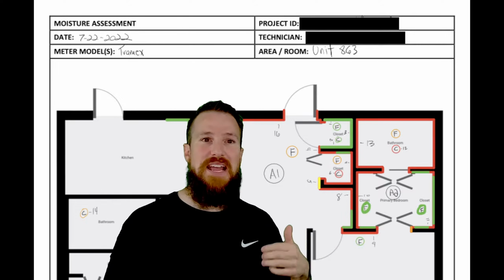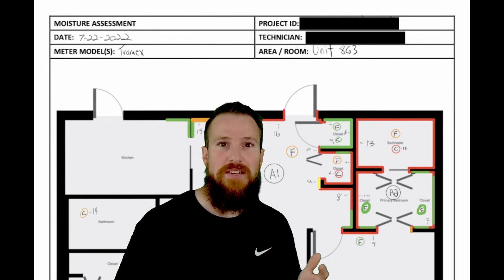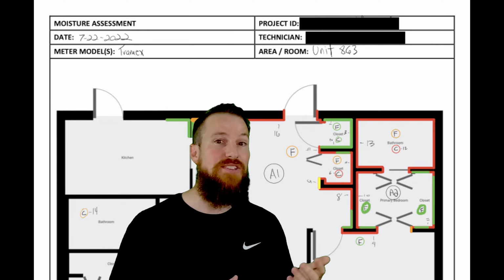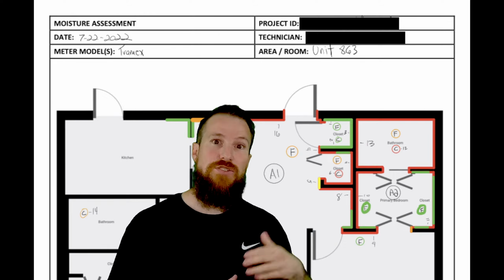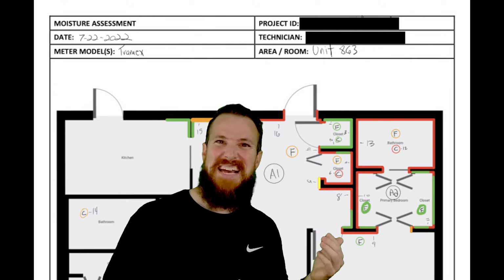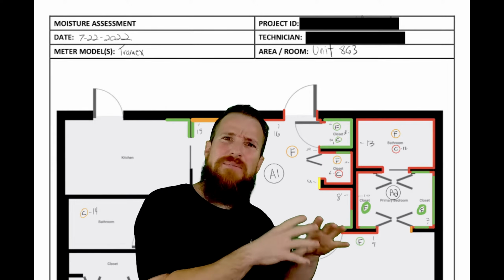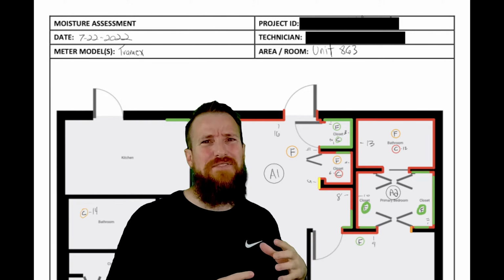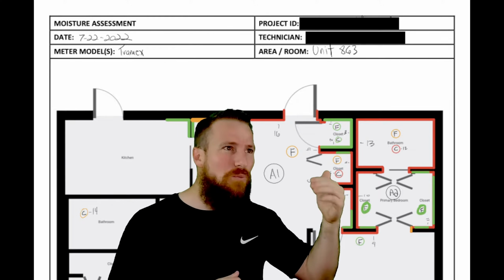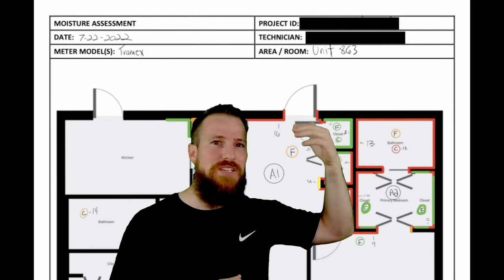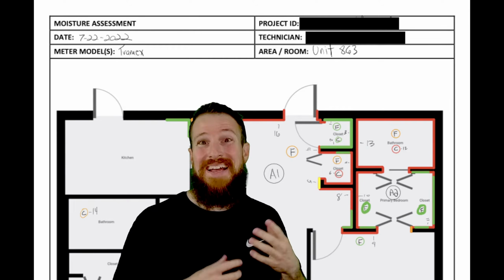So let's say anything under 20% moisture content might be considered dry. Anything from 20 to 40%, we would give that a yellow, saying, hey, there's still some moisture, but it's not ridiculous, but definitely we need to continue drying this. Then once we get above 40%, we're into the orange, and above 70%, now we're in the red.